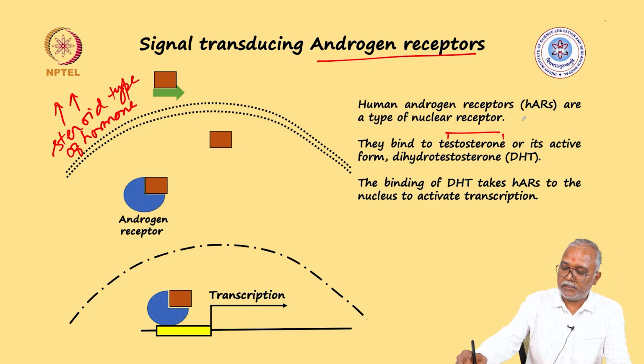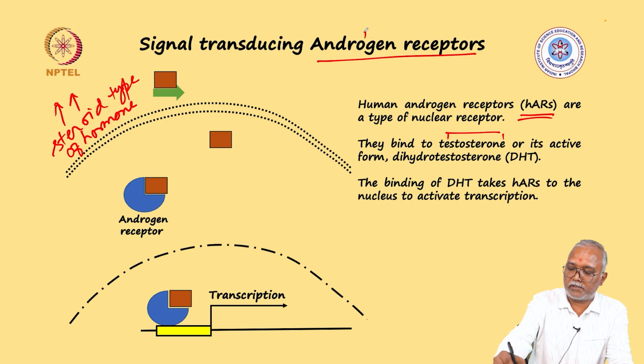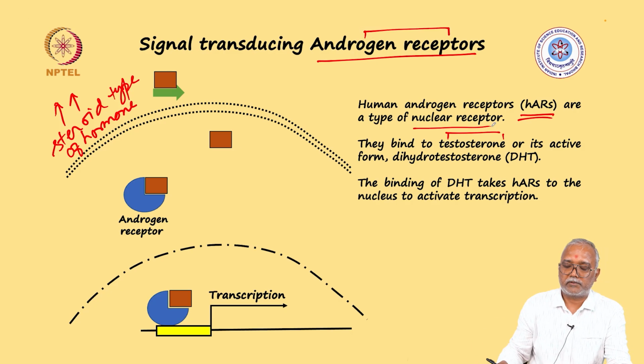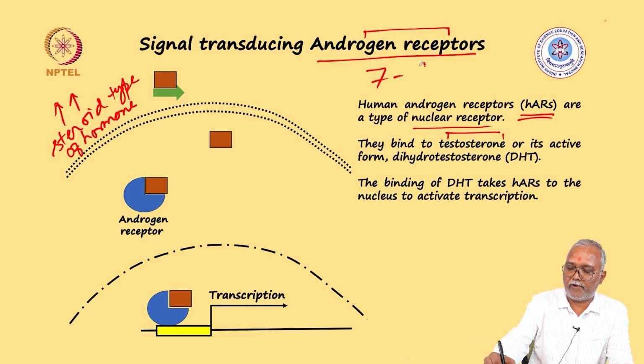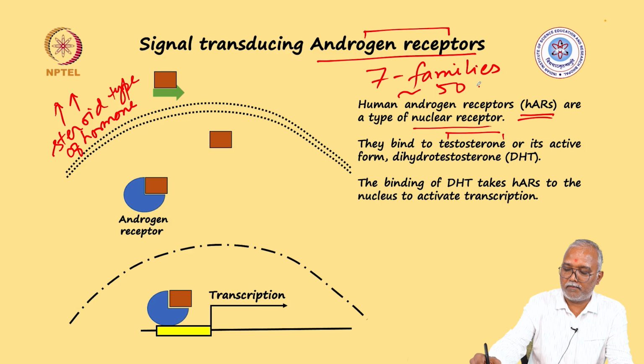So these receptors which bind to the steroid hormone testosterone are called androgen receptors, and they are also in the family of nuclear receptors. There are multiple different families of nuclear receptors. There are 7 different families, and 50 odd such receptors are present. Among them, one of them is in the family of androgen receptor.